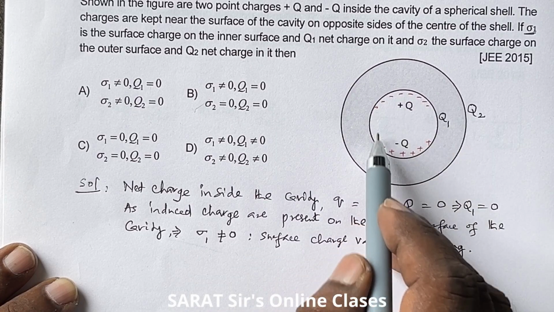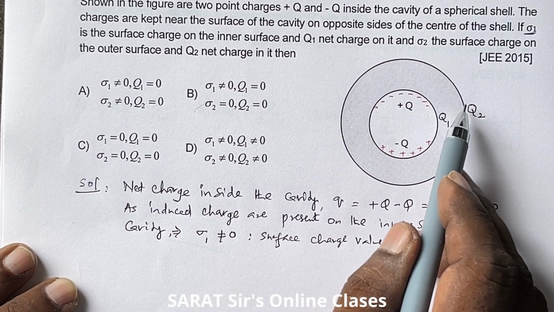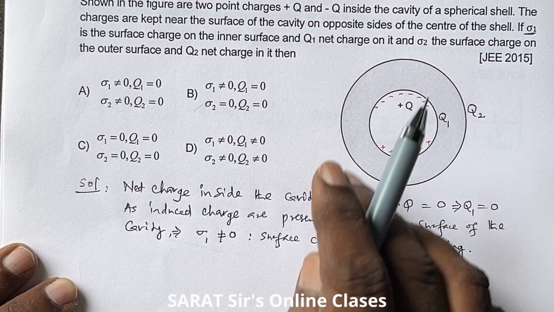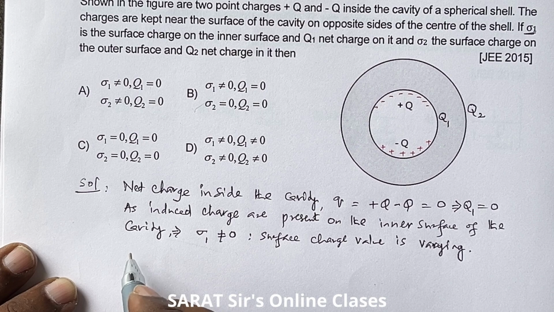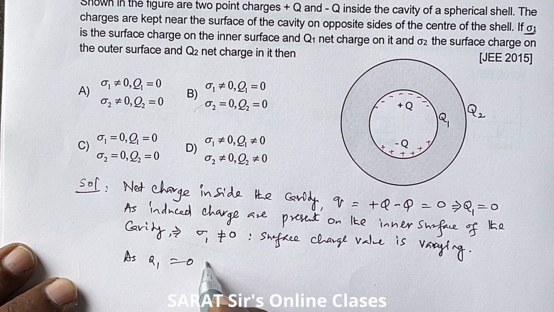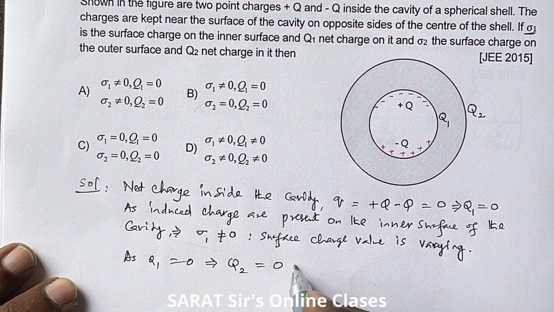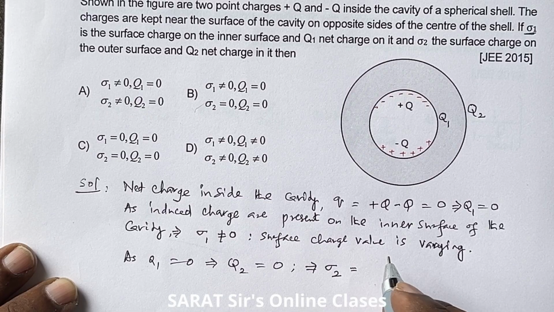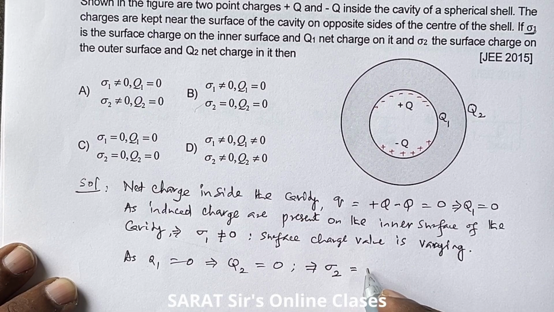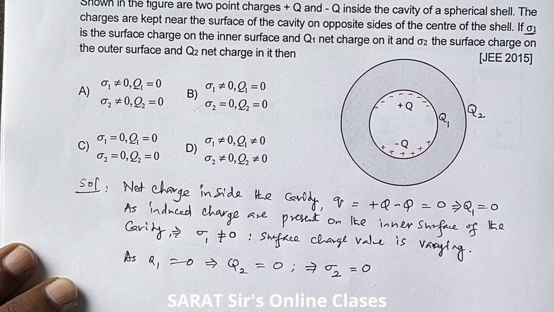As the charge q1 is equal to 0, no induced charges will be there on the outer surface. As q1 is equal to 0, that means q2 is also equal to 0. That implies sigma 2, the charge density on the outer surface of the shell, is also 0.